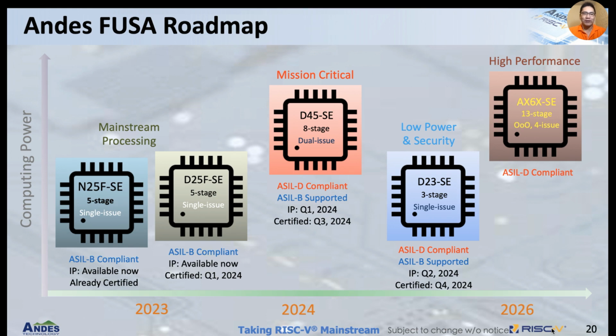And you can find the IP availability and certification readiness dates on this graph. And they can target a wide range of automotive designs, from mainstream processing to mission critical to where low power and security is important, as well as in the future targeting high performance ADAS type of applications.